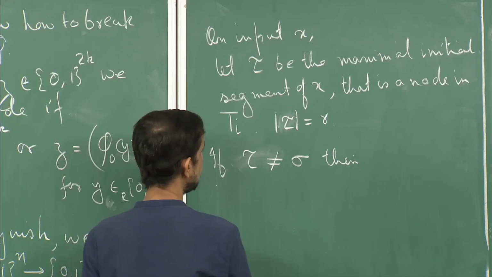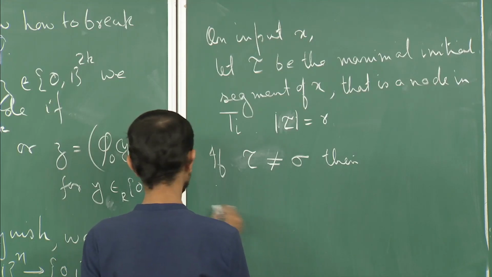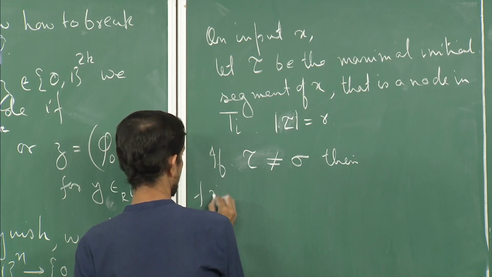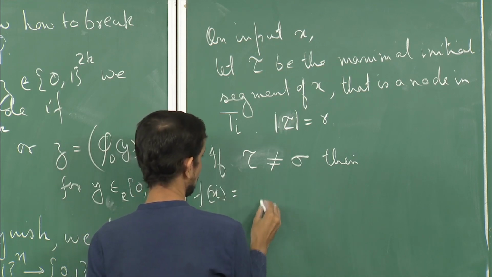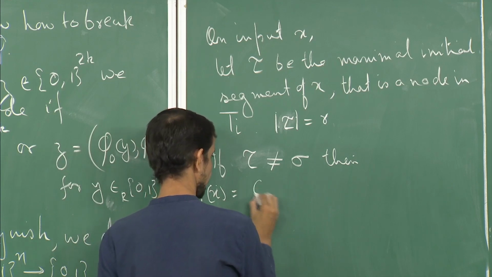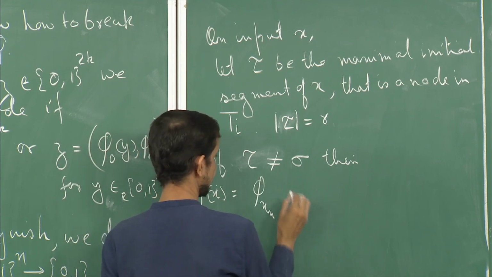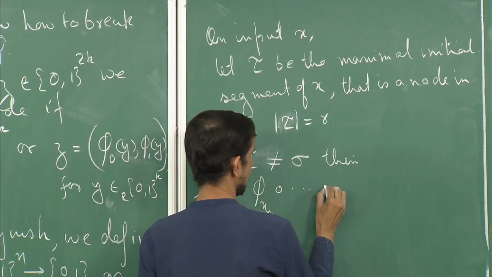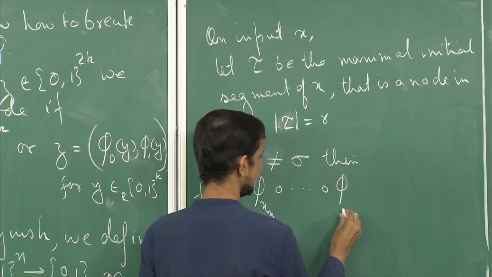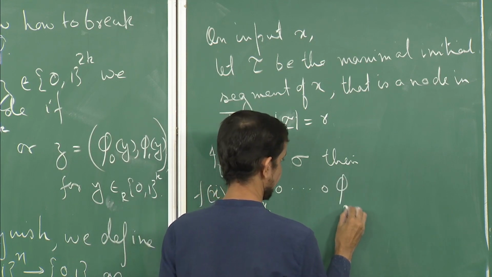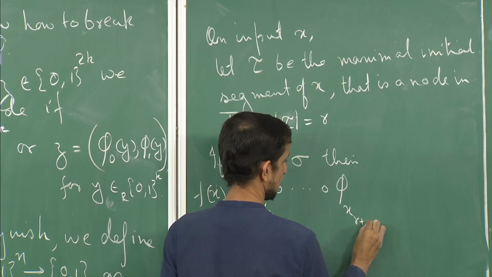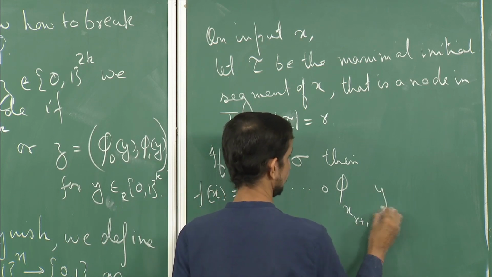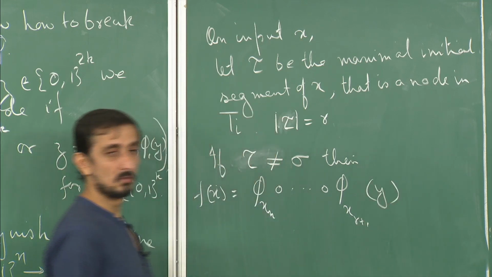I will define f of x to be phi xn composed with phi x r plus 1 of y.